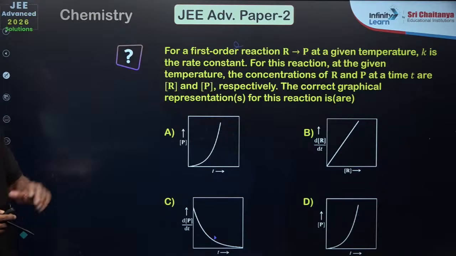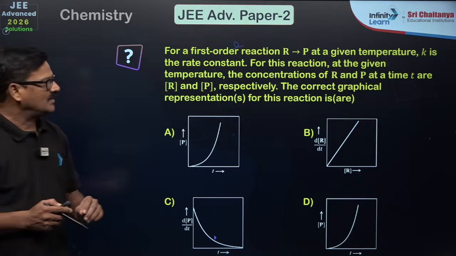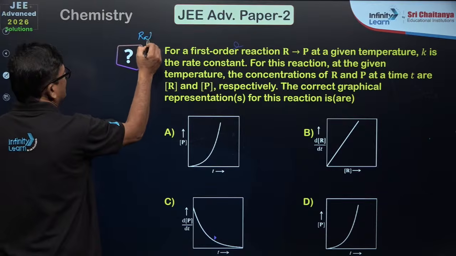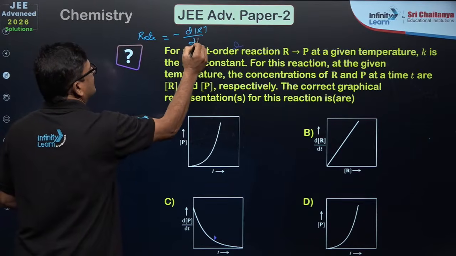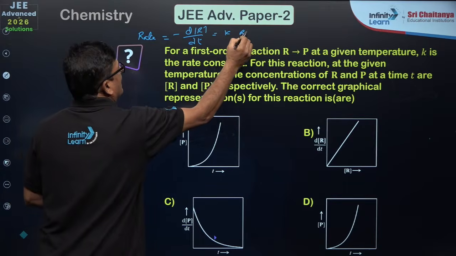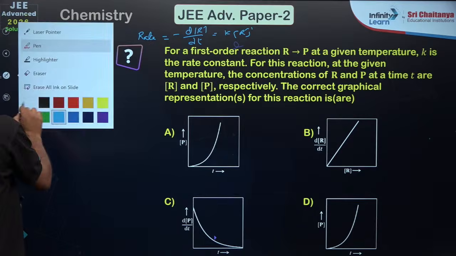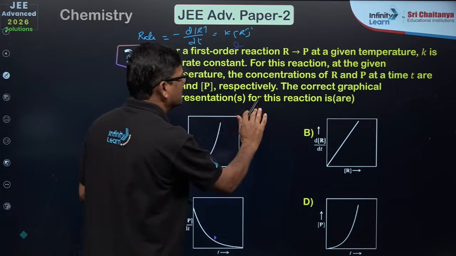it's a first order reaction, where the reactant gives rise to the product at a given temperature. So a first order reaction means the rate is going to be minus dR by dt is equal to k R to the power 1. Fine. So moving to that, the correct graphical representation for this reaction.